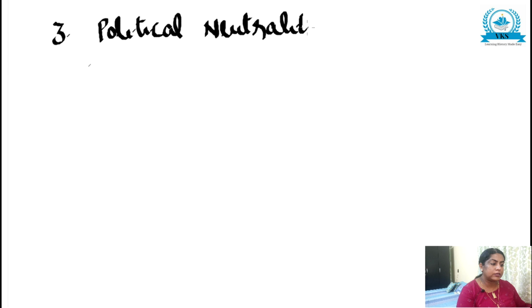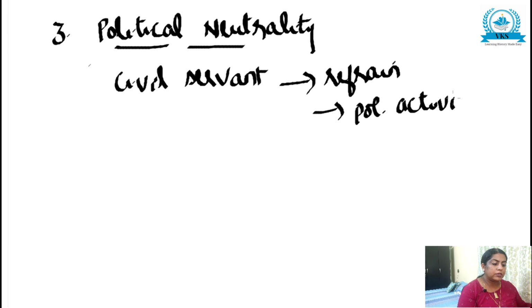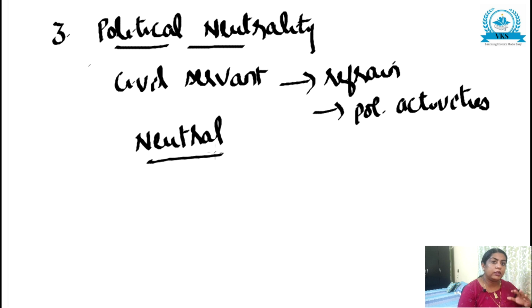A civil servant should refrain from political activities. They perform their duties without being aligned to any kind of political regime. They always remain neutral in political activity.